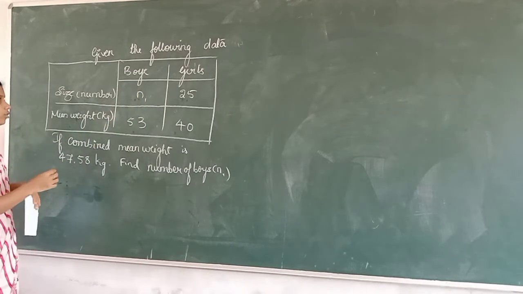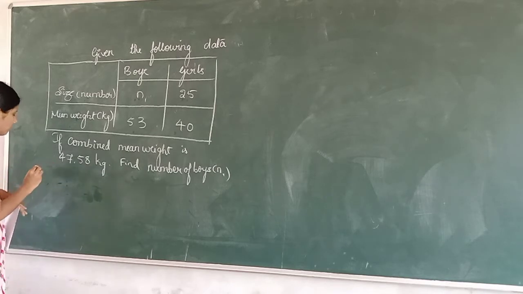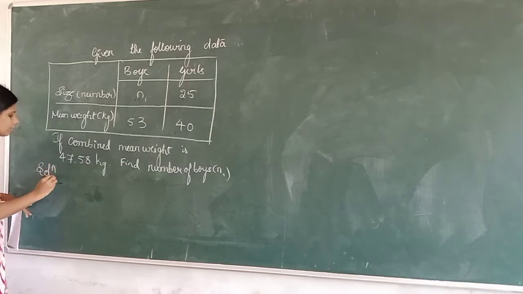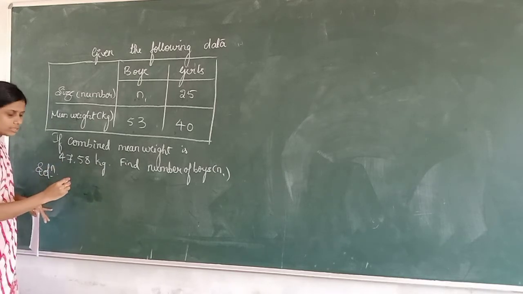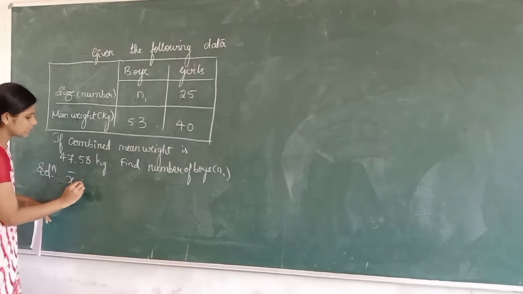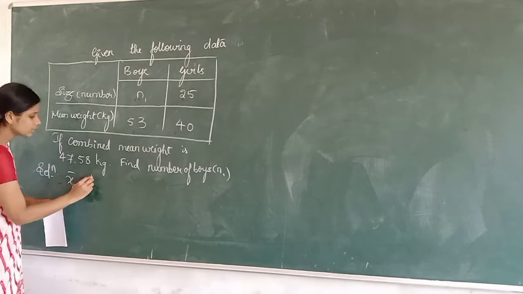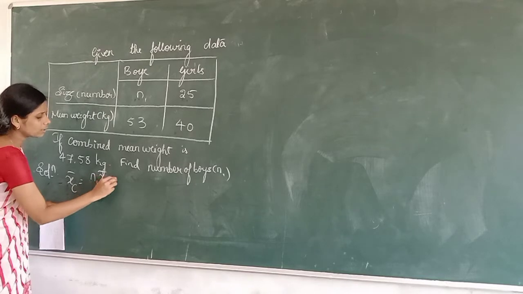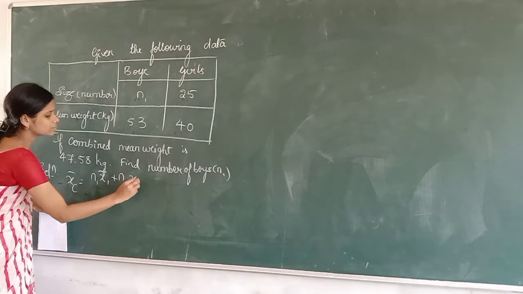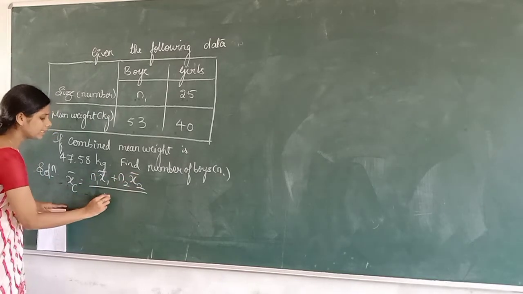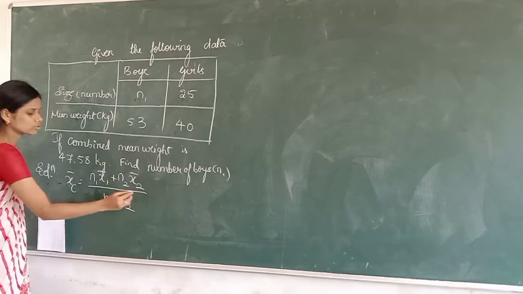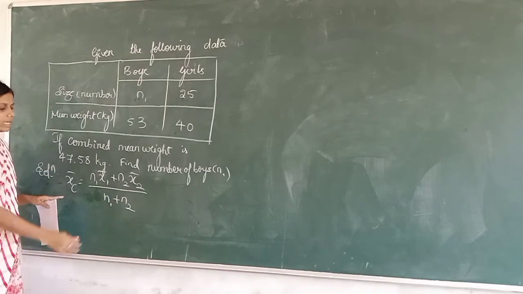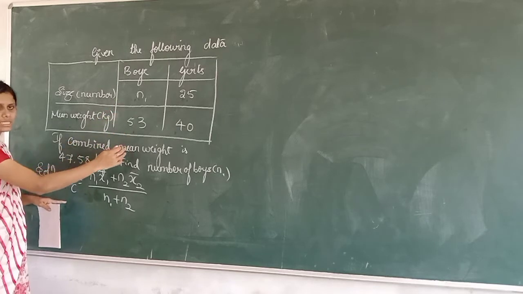So as we all know, in the solution, first and foremost, we write the formula of combined mean. That is, x bar c is equal to n1 x bar 1 plus n2 x bar 2 divided by n1 plus n2. Now we substitute the values in this formula.